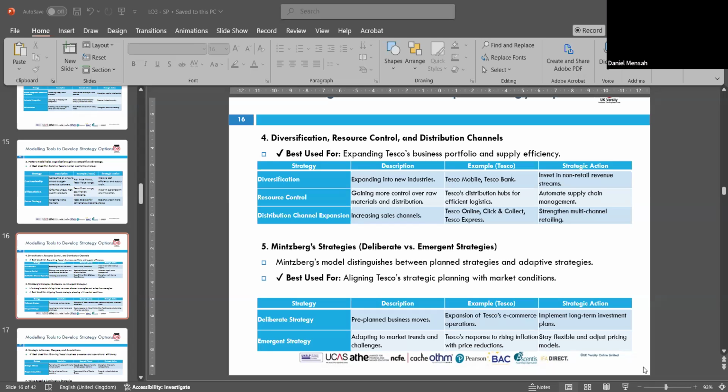They are defined by top management, with a predictable, clear plan and expected outcomes, and focus on executing the plan as designed from the beginning. An example is Apple, which plans and releases a new iPhone model annually based on a long-term product development strategy. So this is their intentional strategy.